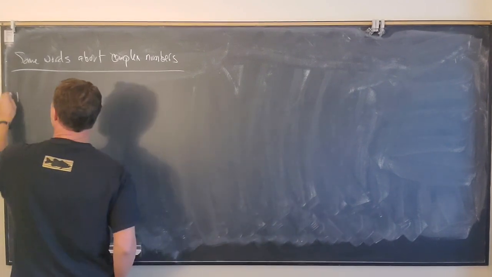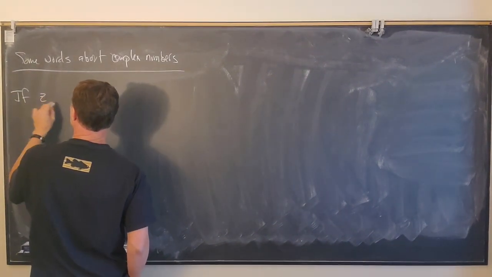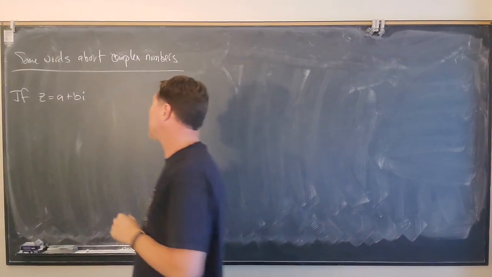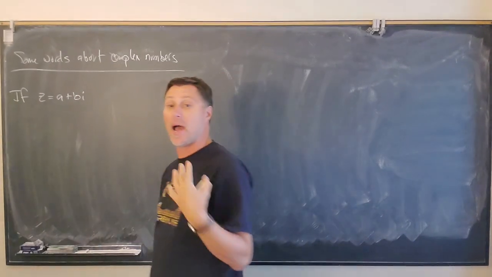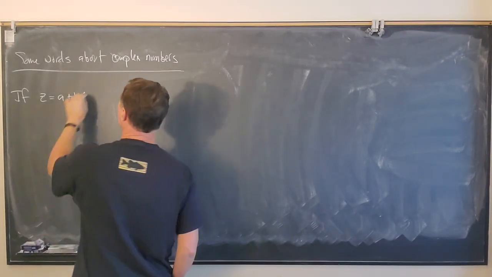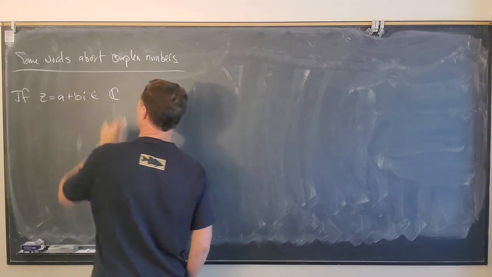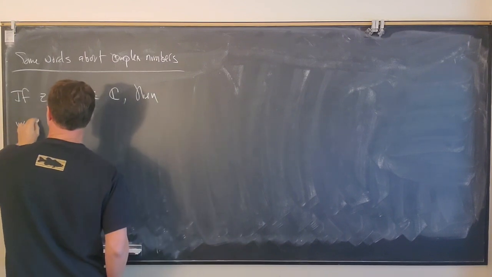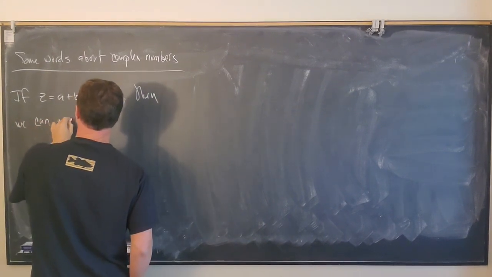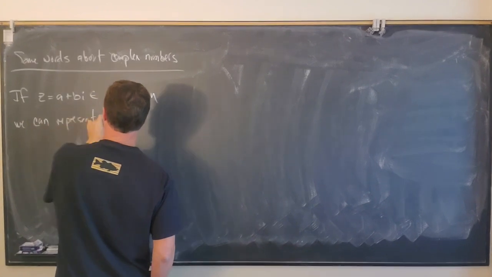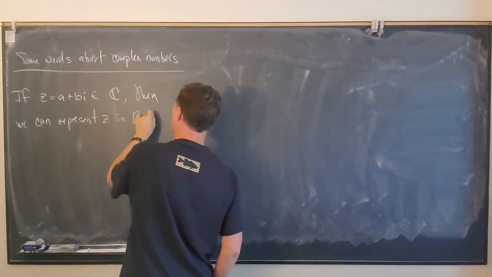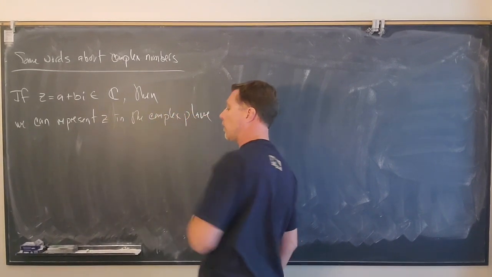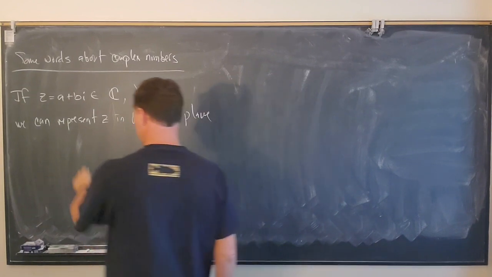So first thing, if we take a complex number z, remember we can write any complex number in the form z equals a plus bi, where i equals the square root of -1. So if this is an element of C, then we can represent z in what's called the complex plane. What we do is draw a plane that looks just like the usual plane.